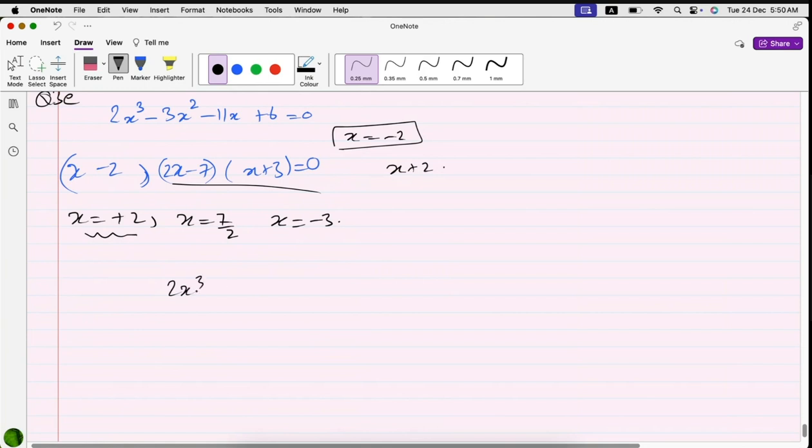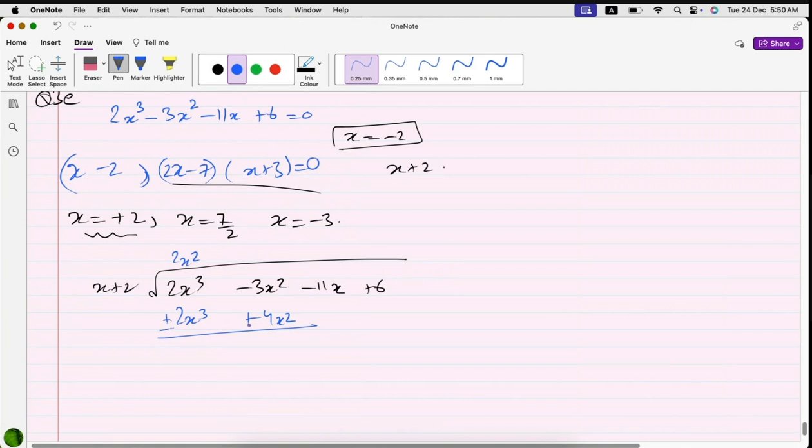So 2x cube minus 3x square minus 11x plus 6, we divide it with x plus 2. So 2x square, x into 2 is 2x cube plus 4x square. We change those signs, subtract them, and then minus 7x gives me minus 7x square minus 14x.